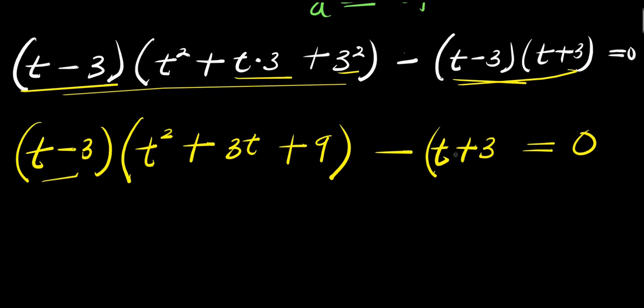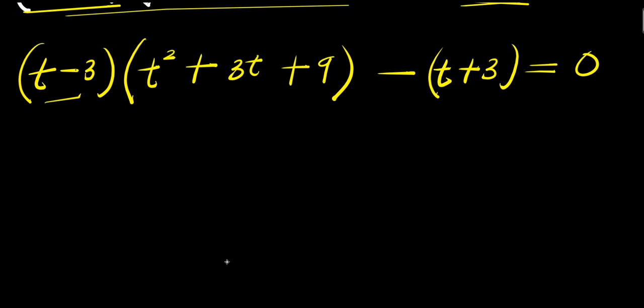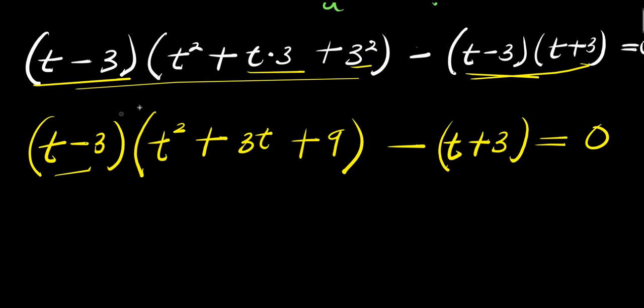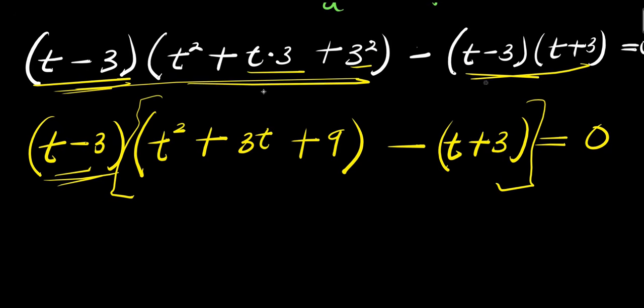You can as well put this in bracket if you want. Now, next step, and don't forget this, since we are factoring out this, there is a bracket that separates this, because this becomes a common factor of this and this. So there's a bracket here that separates this from the product there.